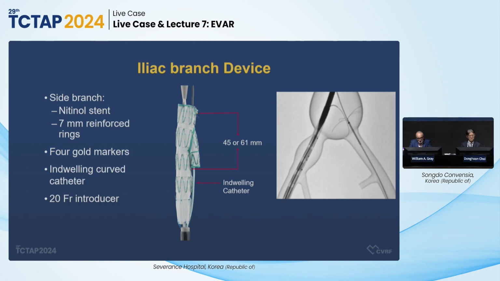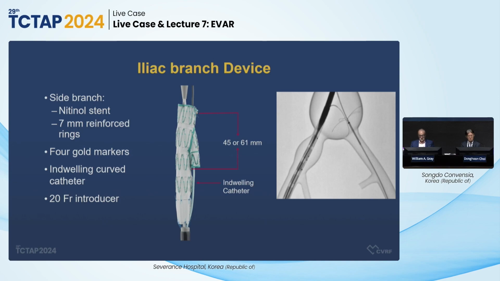The first one should be the proximal edge of the stent graft, and there are 2 markers at the origin of the side branch, and the lowest marker is the distal side branch edge. So the distal branch edge should be about 1 centimeter higher than the origin of the internal iliac artery when we try to select the internal iliac artery.